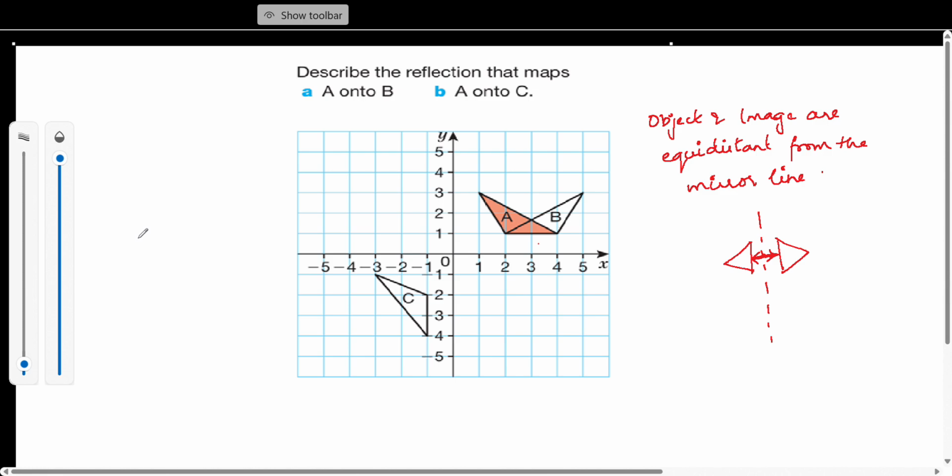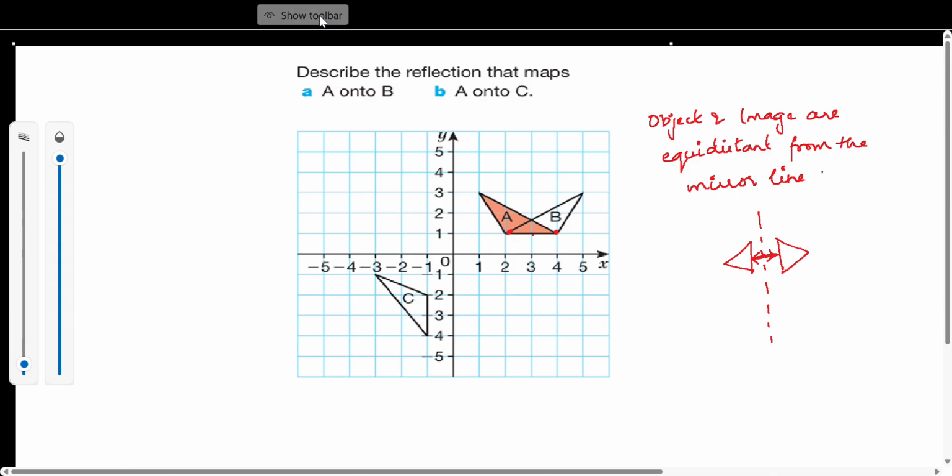But here the base is shared by both, which means this point gets reflected here and this point gets reflected here, so the mirror line is somewhere overlapping these two shapes. And since it is shown on a grid, the midpoint of these two is this.